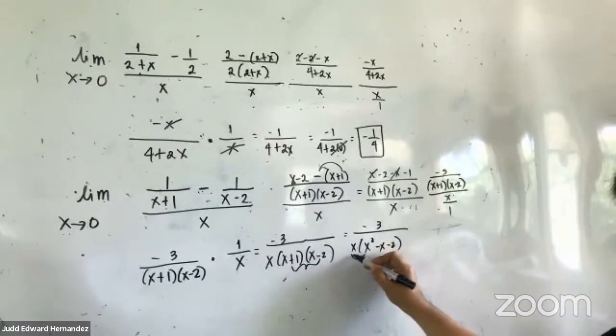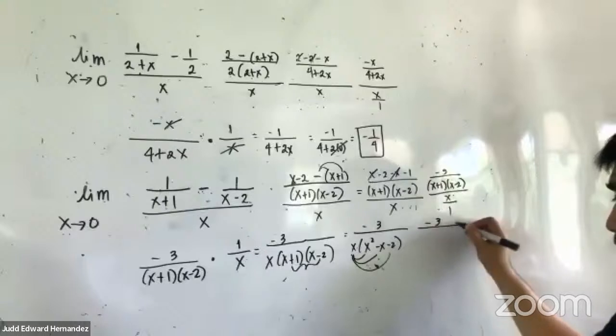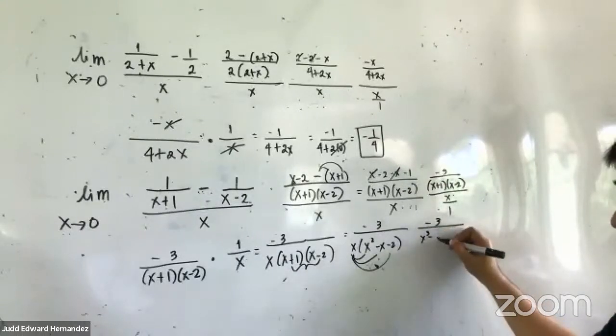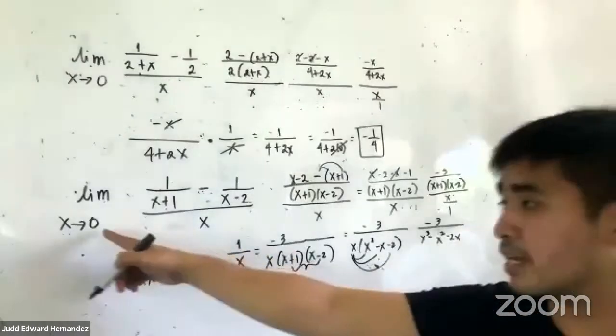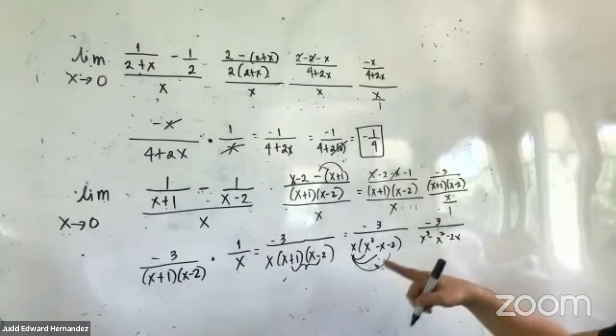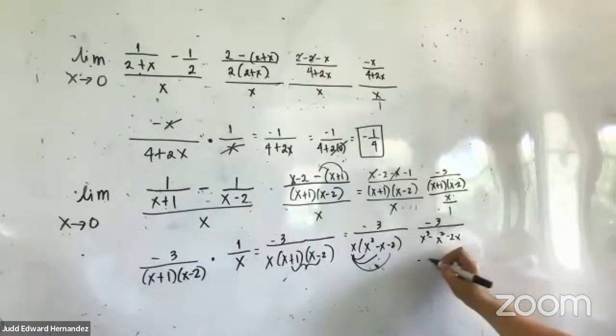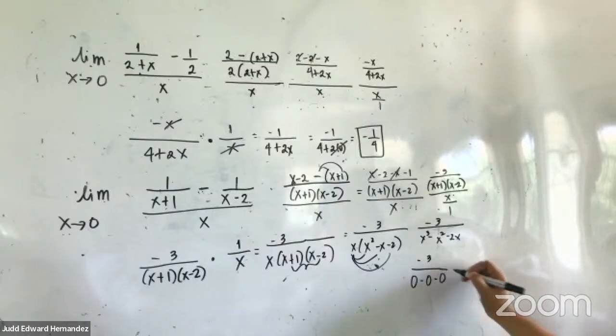And then multiply here x, since may sobra na x tayo doon. Okay. So this becomes negative 3 over x cubed minus x squared minus 2x. Simplifying this one, since x is approaching 0, pag nilagay mo si 0 dyan, this is negative 3 over 0 minus 0 minus 0.